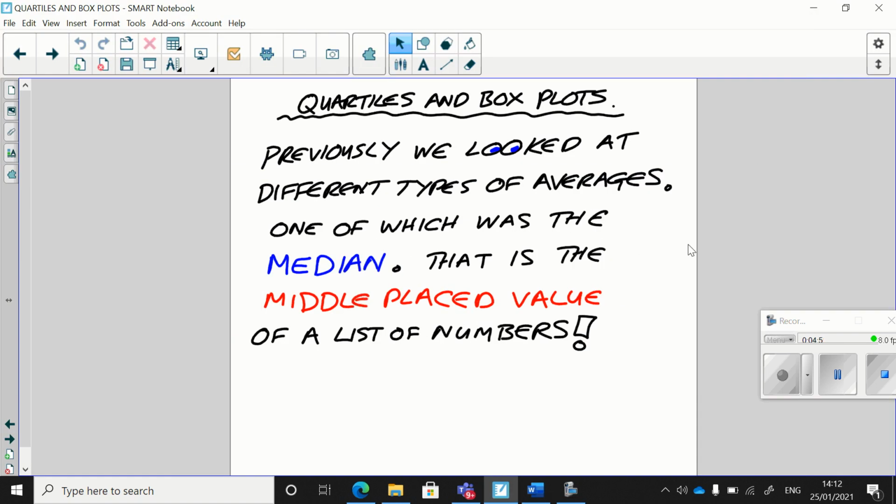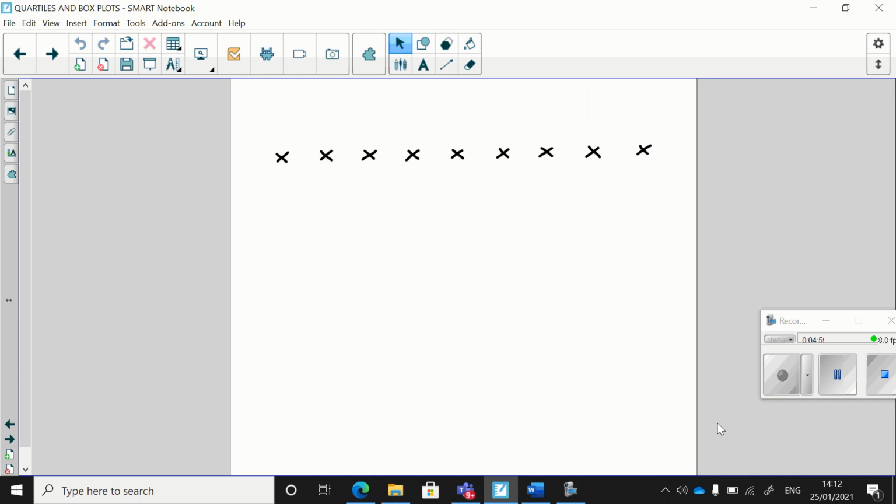So we're going to go back here, and we won't be just looking at one median, but we'll need to find that initially. So let's go in here. What I'm going to do might seem confusing at the outset, but I'm just going to use little crosses to represent the numbers.